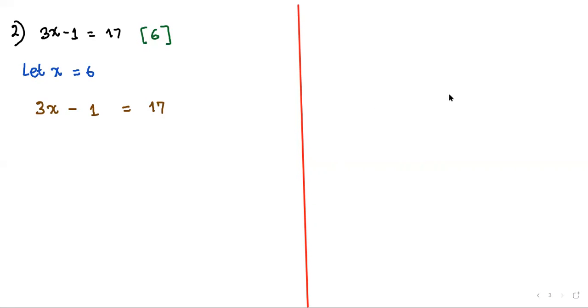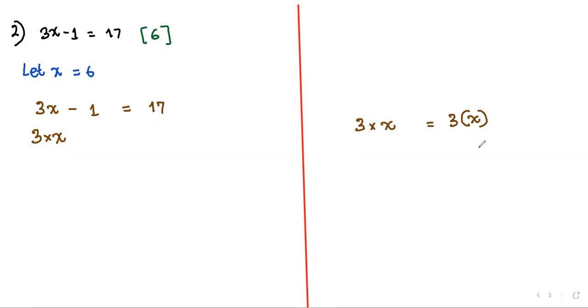Now, if I have 3x, this means that I have 3 times x. And student, I want you to note that sometimes you will find me writing 3 times x as 3 into x.